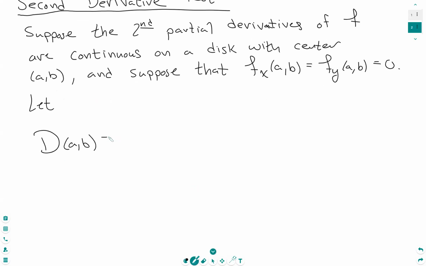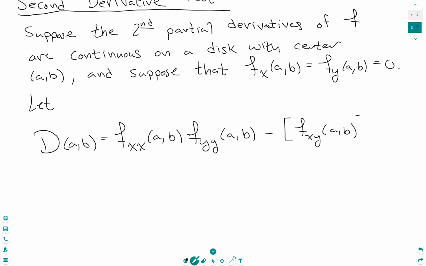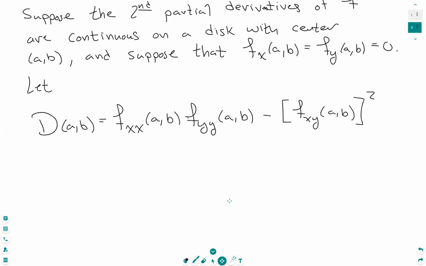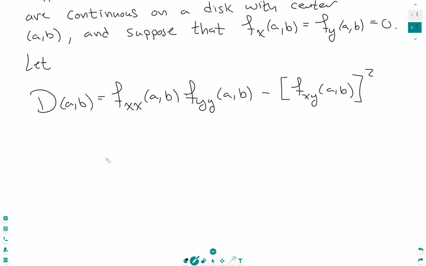It's a function of x and y that we'll input a and b into, and it is fxx at (a, b) times fyy at (a, b) minus fxy at (a, b) squared. Really, where this is coming from is a determinant.